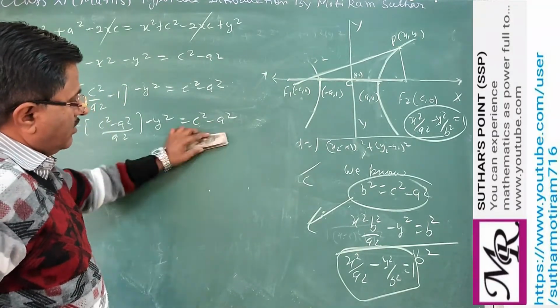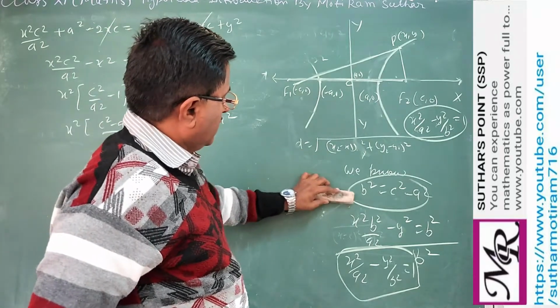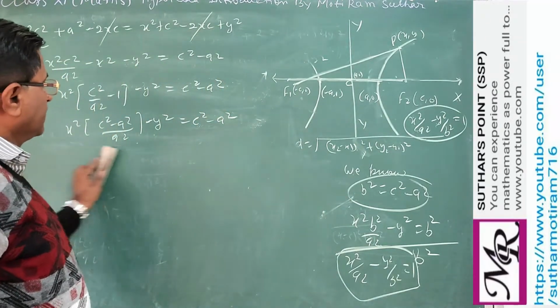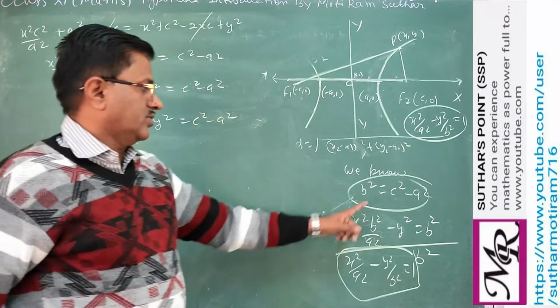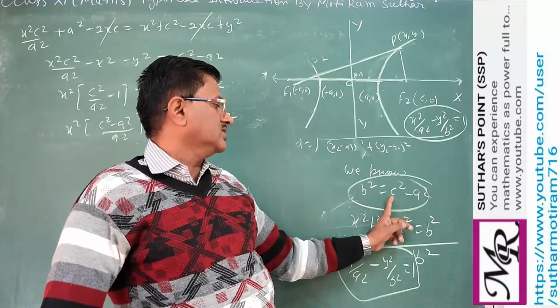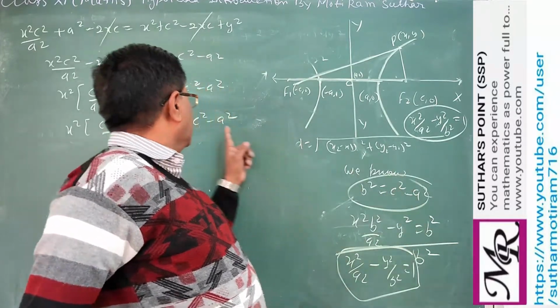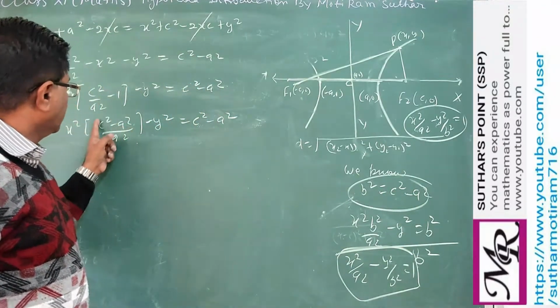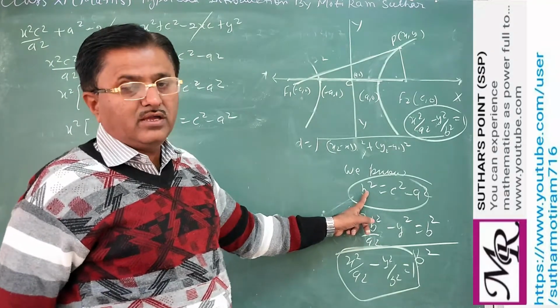Now see here, this is the very important calculation portion. We know that in the hyperbola we take b square as c square minus a square. So this c square minus a square in both places we replace by b square.